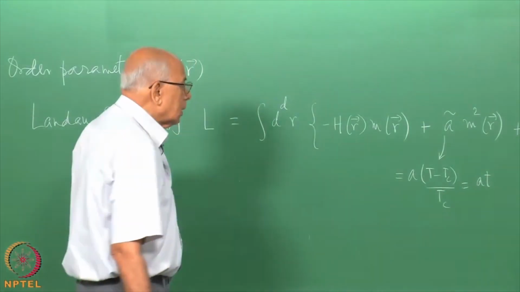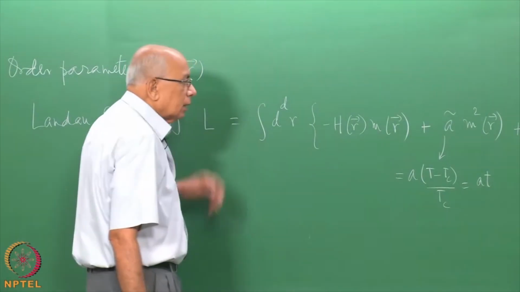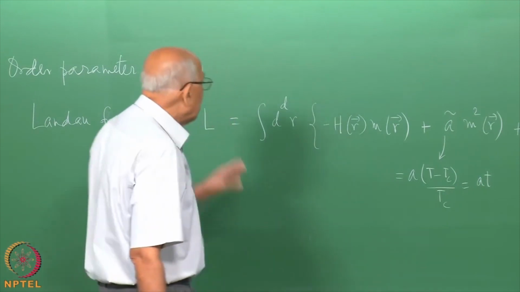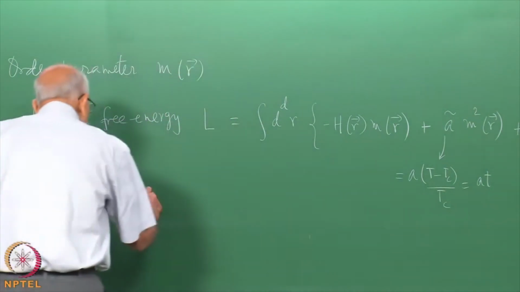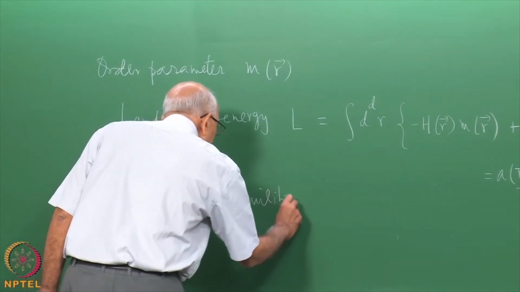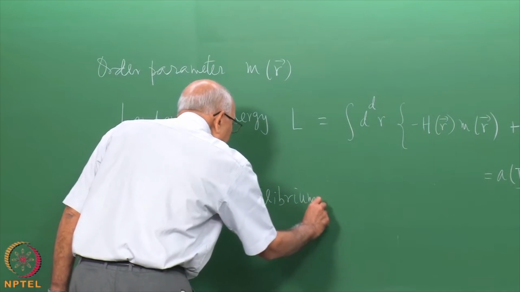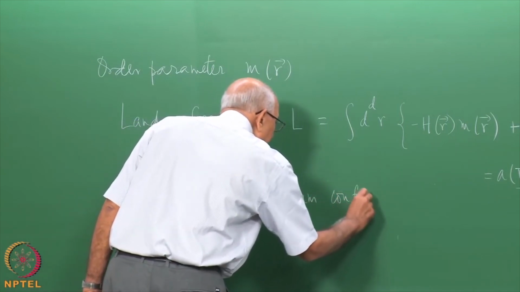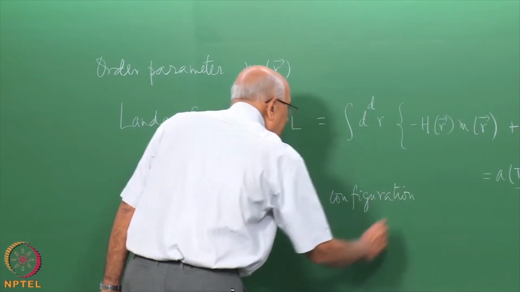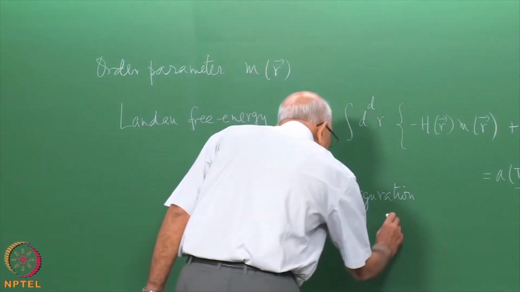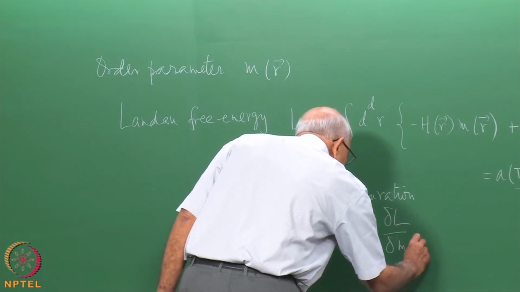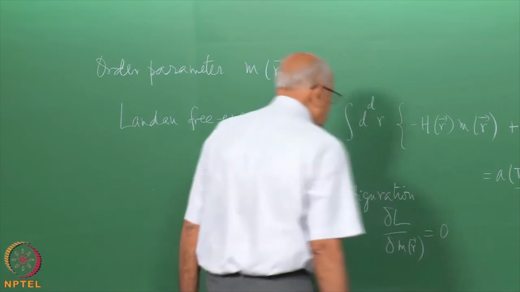So, that was the Landau free energy. The equilibrium solution is found by minimizing this free energy. So, the equilibrium configuration is given by delta L over delta m of R equal to 0.